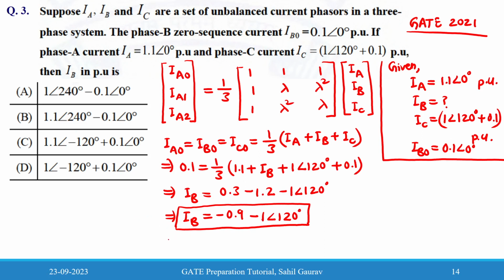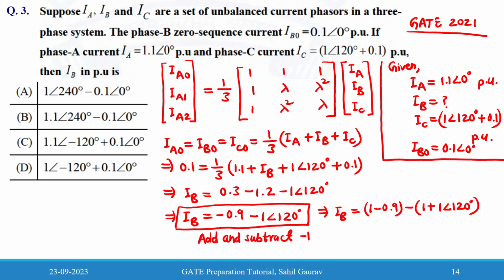So adding both plus 1 and minus 1, IB is equal to 0.1 and 1 plus 1 at the angle of 120 degree.